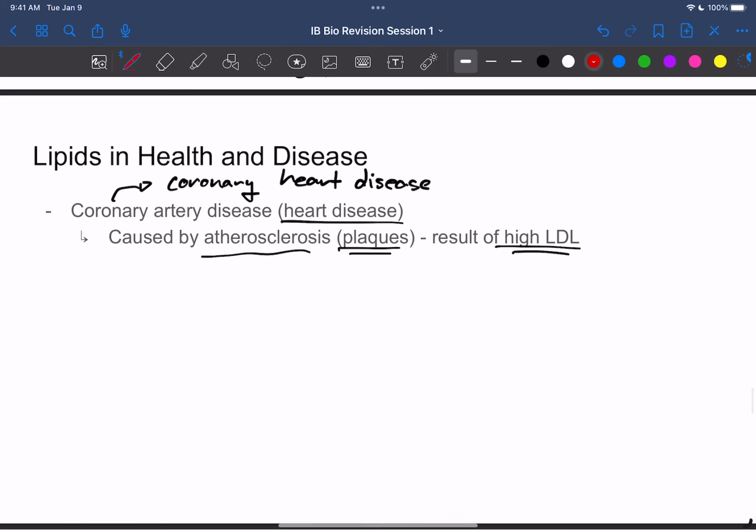So I'm going to talk about this a little bit more. Let's say you have an artery. A nice little artery here. Looks clean, looks nice. Well, let's say you've been eating a lot of saturated fats and trans fats. And when you do that, there's a lot of LDL floating around.